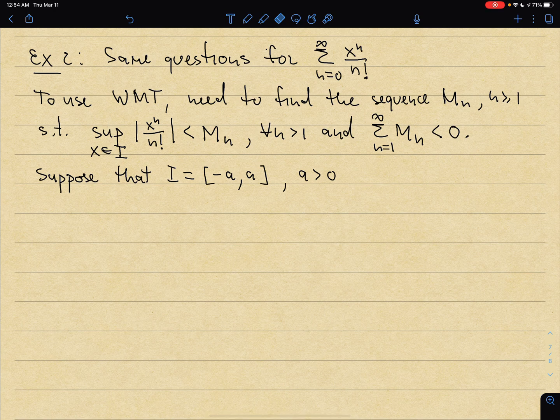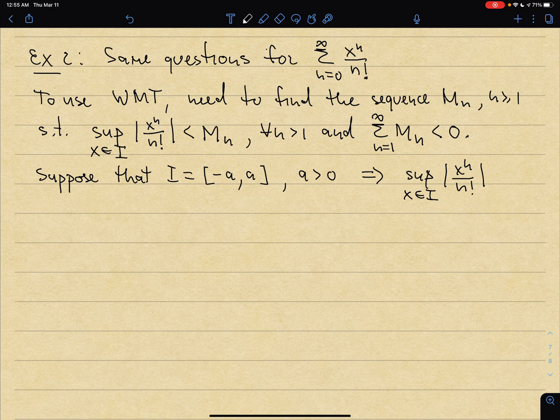Well, then what would I have? Certainly in this case, if I take a supremum over x in I of x to the n over n factorial, what do I know? x can now be any number between minus a and a.